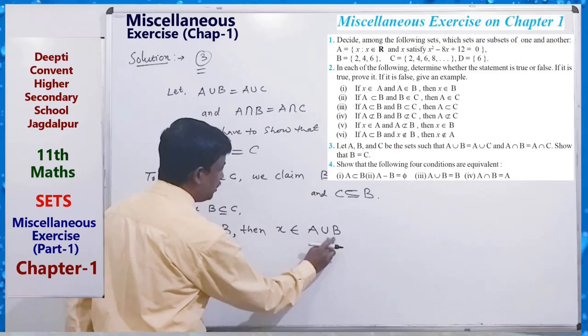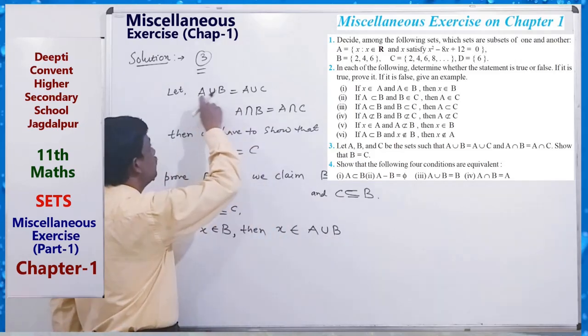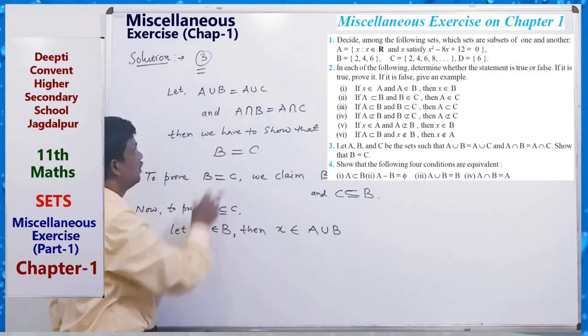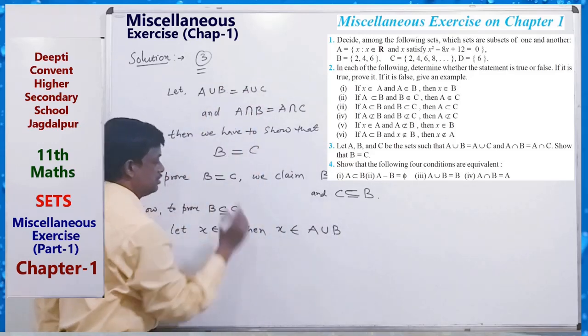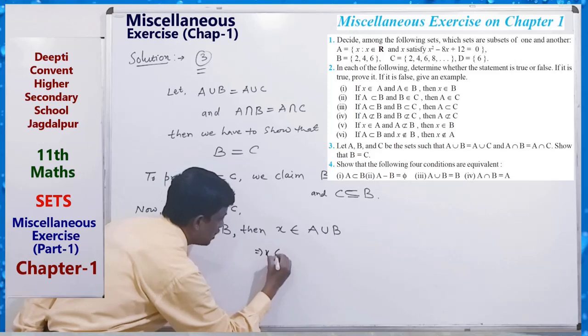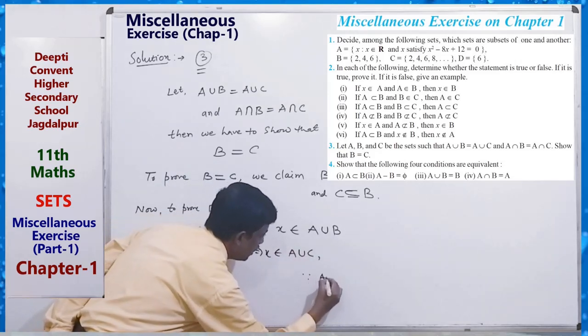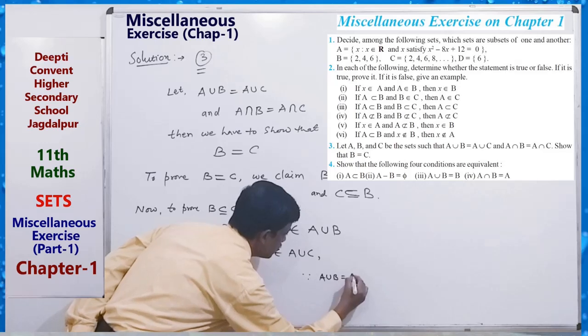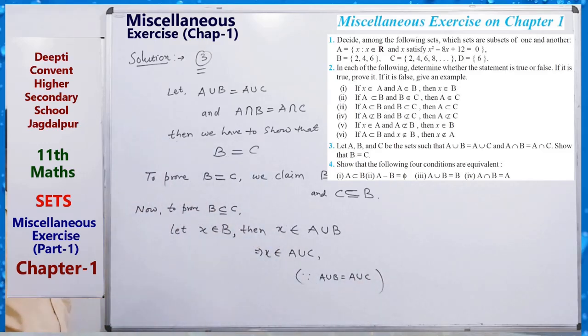So, X belongs to B, which means this also, and we are given A union B equals A union C. So in place of this we can write A union C. This implies X belongs to A union C, since A union B equals A union C. It is given.